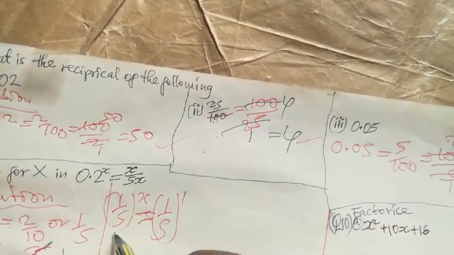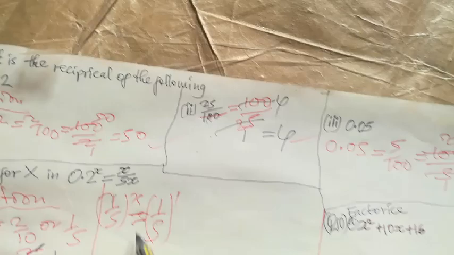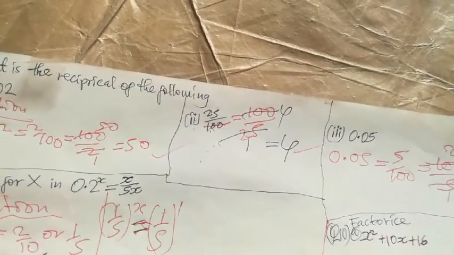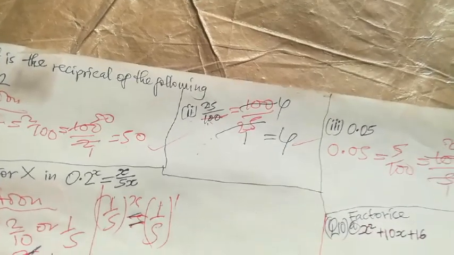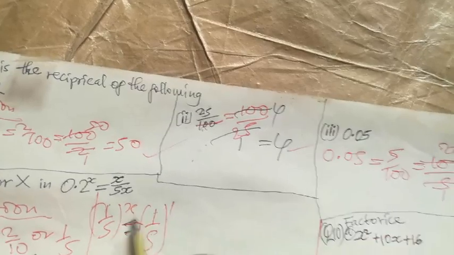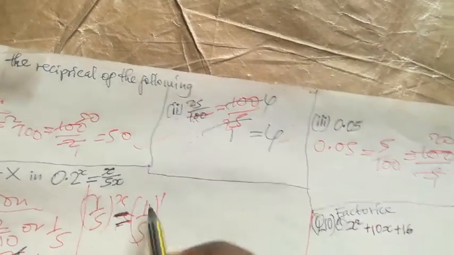Therefore 1 over 5 power x is the same as 1 over 5 power 1, because x and x have cancelled.